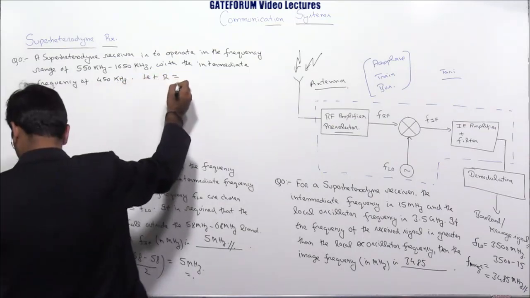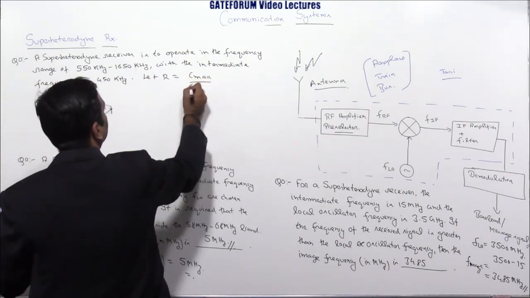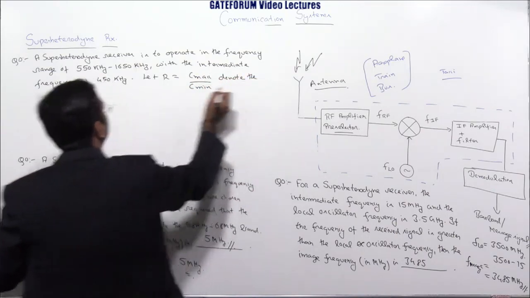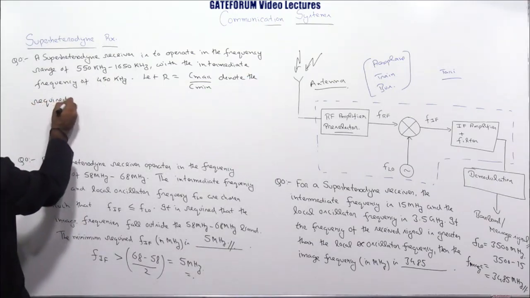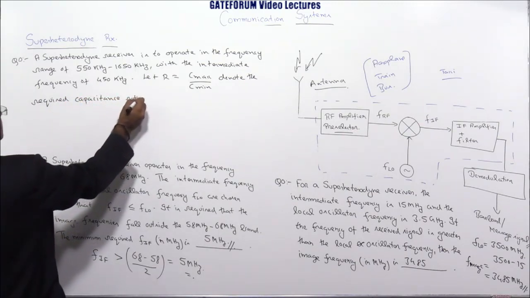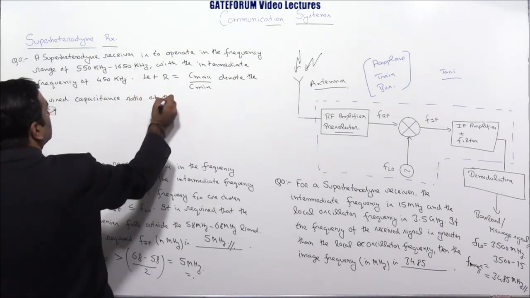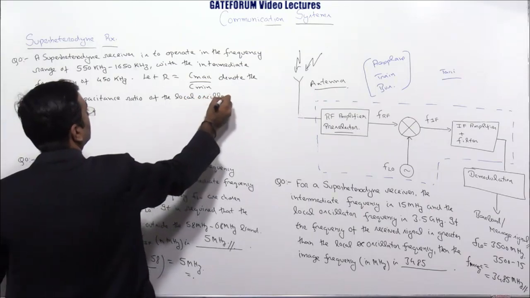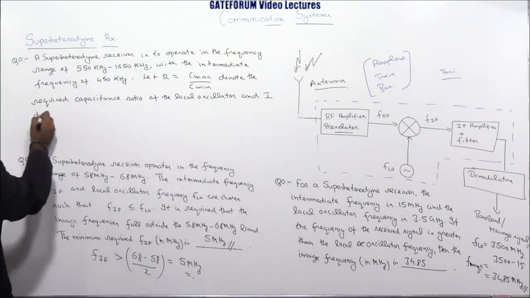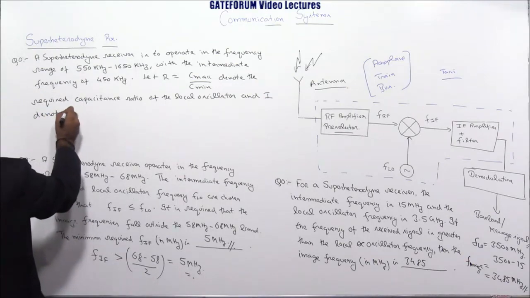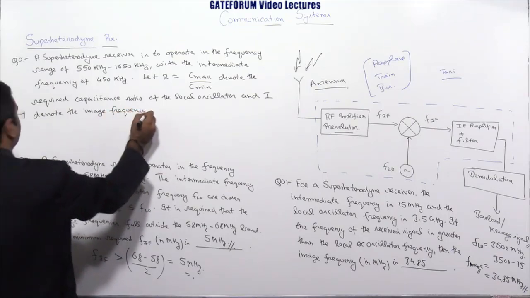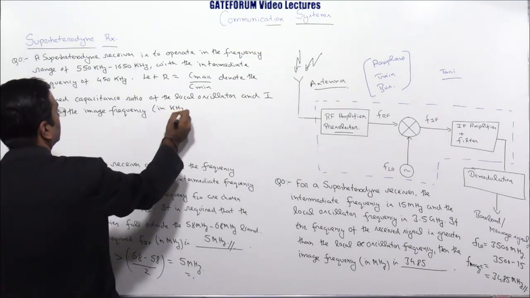Let R equal C max by C min denote the required capacitance ratio of the local oscillator, and I denote the image frequency in kilohertz.